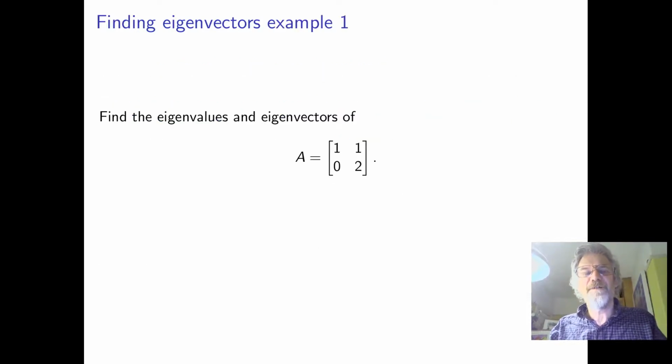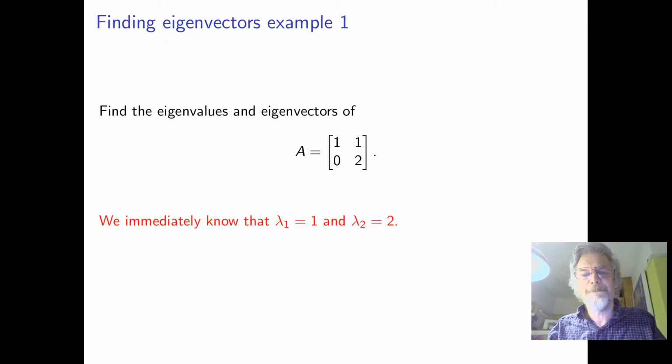Okay, so here's a little example, a 2 by 2, and of course we know the eigenvalues are 1 and 2 because it is actually upper triangular. So let's call them lambda 1 and lambda 2, just in order.